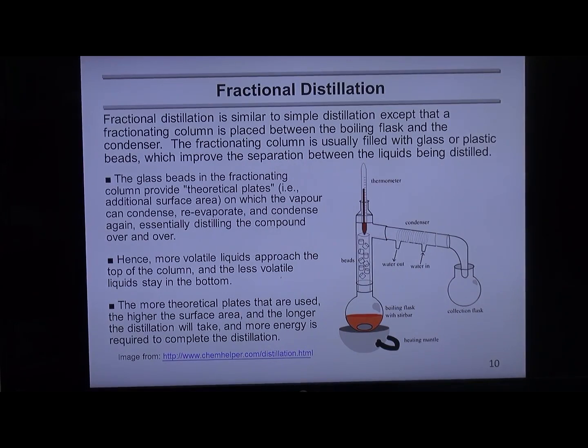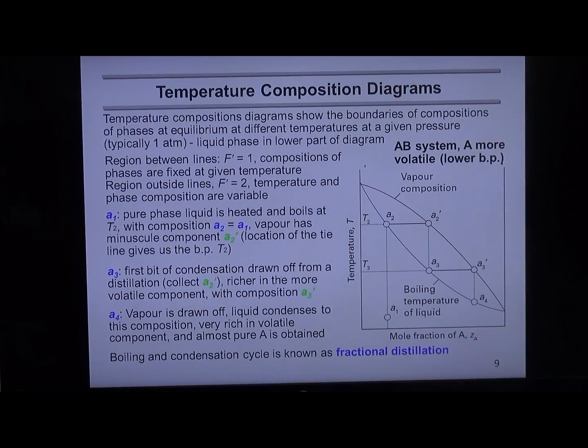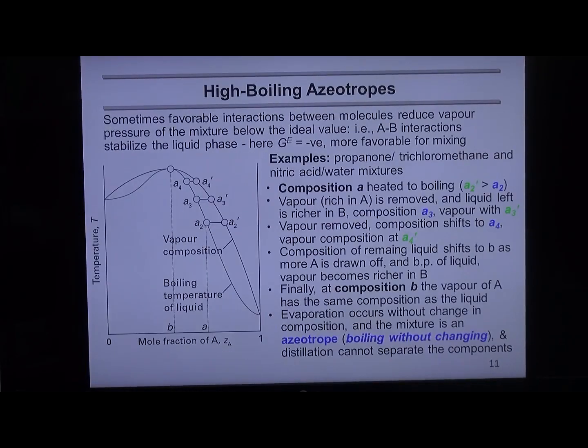Alright. The thing is, most binary mixtures have a temperature composition diagram which looks like this. This is the most common case. But there are also exceptions. Some binary mixtures have a somewhat weird temperature composition diagram, such as this.